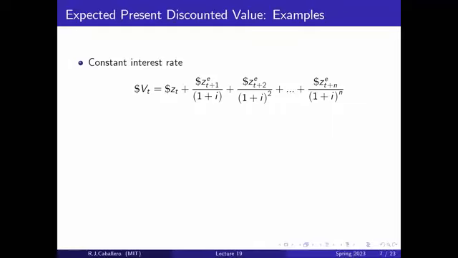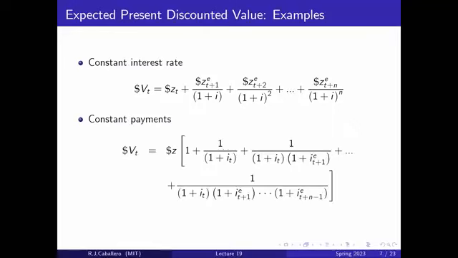Then I looked at some particular cases. This is the same case, but one in which the interest rate is constant. Suppose that you expect the interest rate to be constant, then it's a simpler expression because rather than getting these products of 1 plus the interest rates at different times, you get just powers of 1 + i. Another simpler one is where all these expected payments are constant.